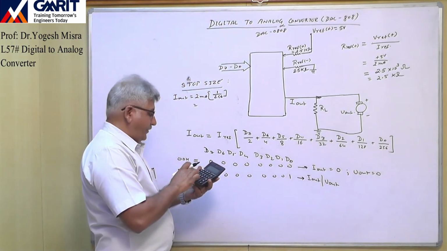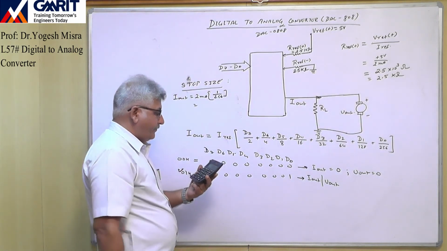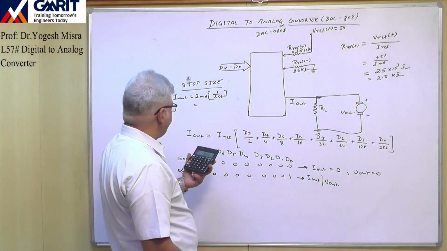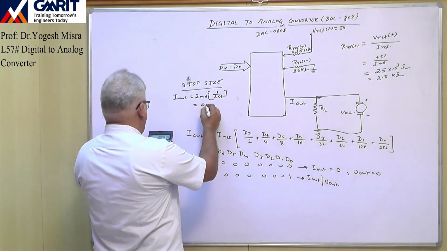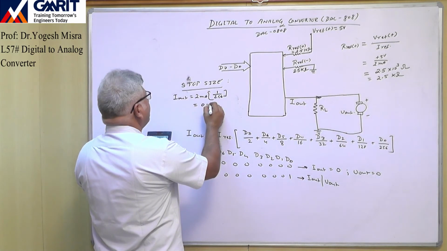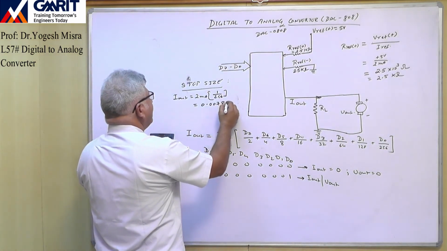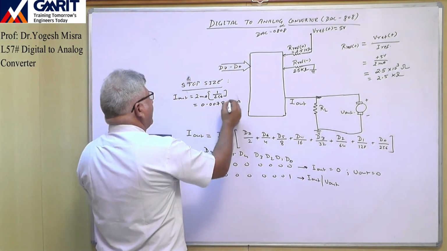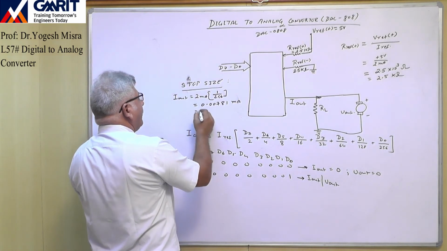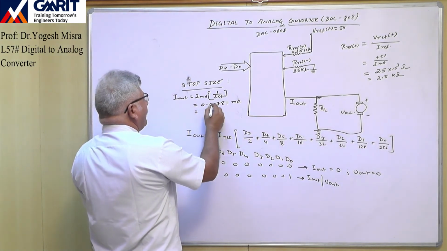Divided by 256. So it is coming 0.0000781 milliampere, or we will write it in this way: 1, 2, 3.